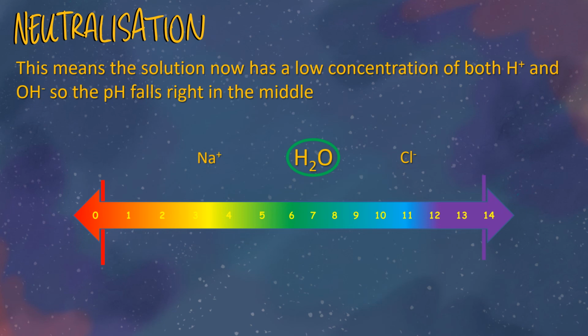Okay, so this means the solution now has a low concentration of both H+ and OH-, so the pH falls right in the middle. And the reason that there is a low concentration of H+ and OH- is because they have come together to form water.